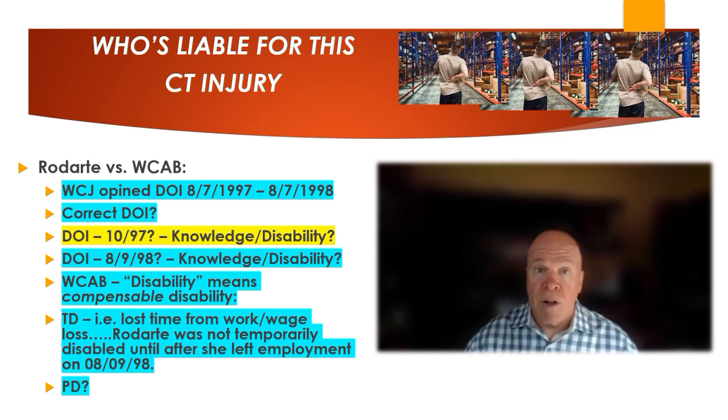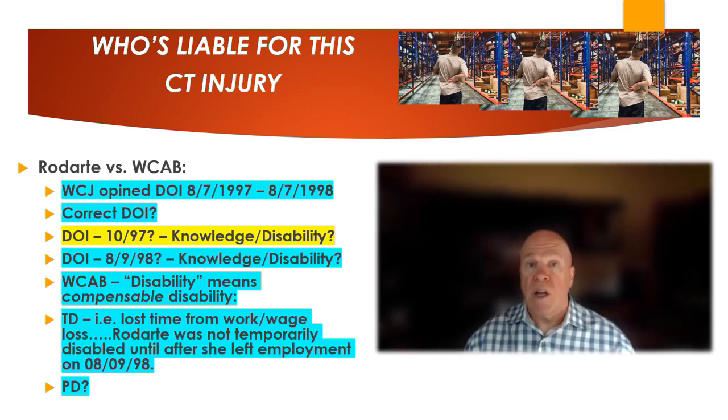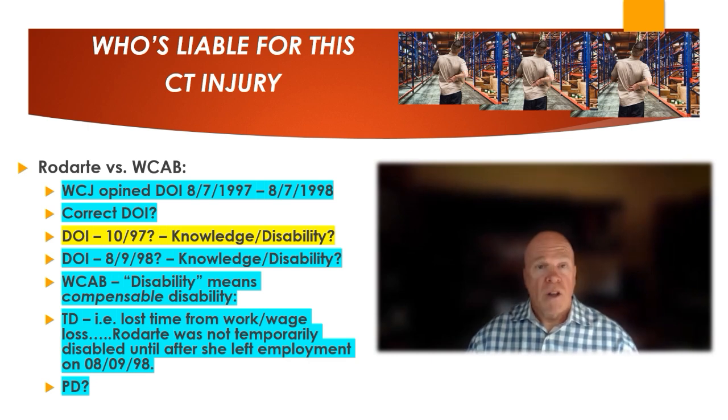Now, Rodarty never did suffer temporary disability during the employment period. She never had compensable time off work. She had modified work duties, but that's not the same as compensable time off work. So there was no temporary disability established.